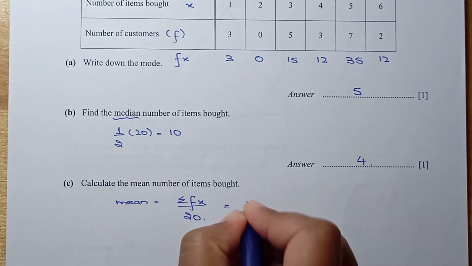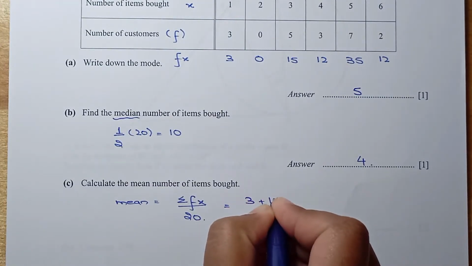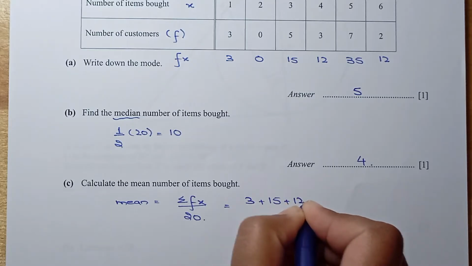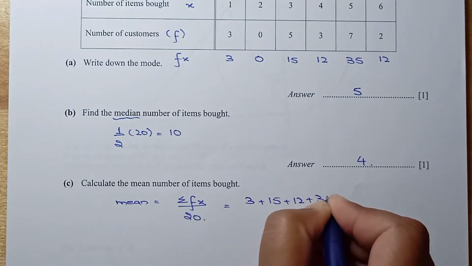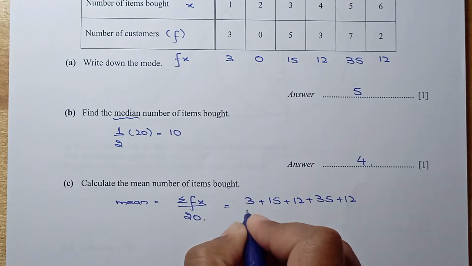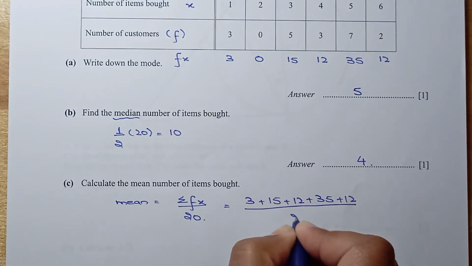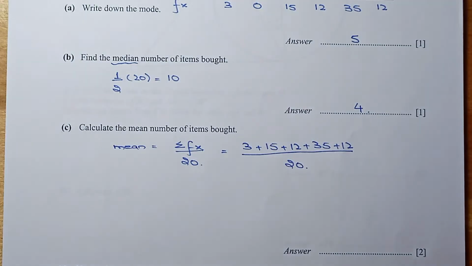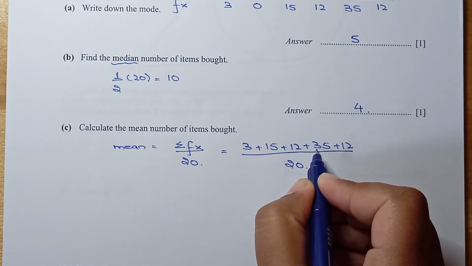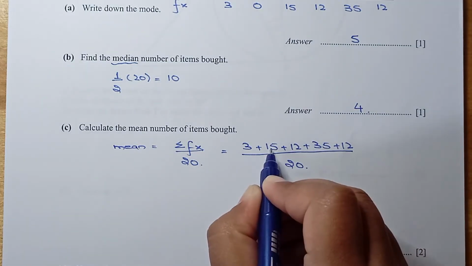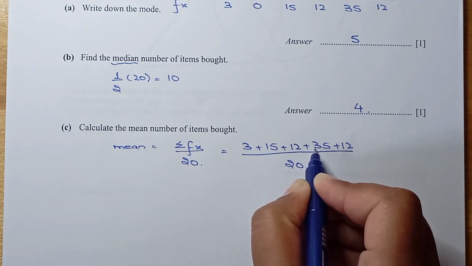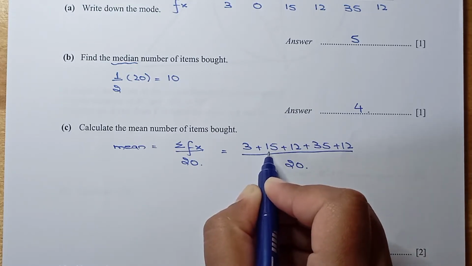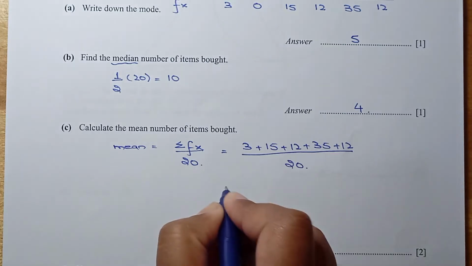So this would be equal to 3 plus 15 plus 12 plus 35 plus 12 divided by 20, right? Okay, so 35 plus 15, this would be 30, 40, and 50, and plus 3 would be 53.